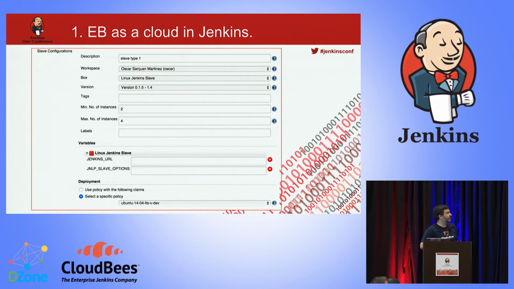Then you can select which box you are using to deploy that slave. We'll take a look at what a box is later. And then you can also manage versions, assign tags to the slaves, and you can also set up some limits to deal with the auto-scalability. Those limits are basically the minimum number of slaves that you want to spin up and the maximum number of slaves that you will permit.